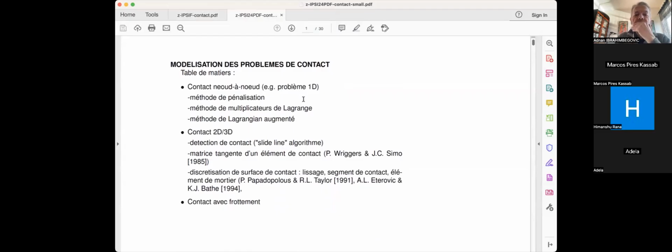Basically, I start with a very simple problem in a 1D setting in the large deformation theory we just discussed, and describe the three basic methods of contact, that is, contact node to node. For this very simple case, I explained the penalty method, the Lagrange multiplier method and the augmented Lagrange multiplier. You'll see that the penalty method is similar to what we did in plasticity, and the Lagrange multiplier is similar to what we did in plasticity.